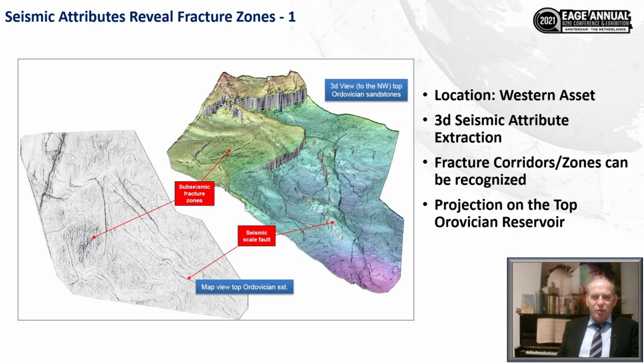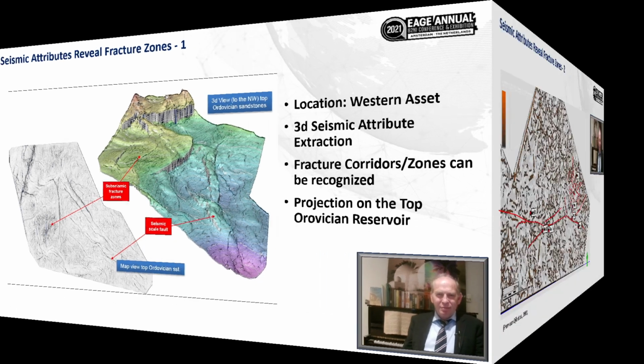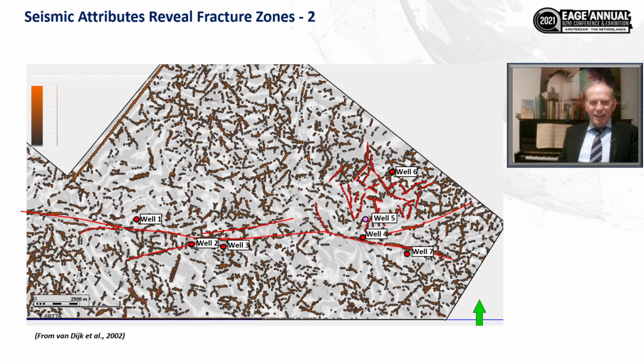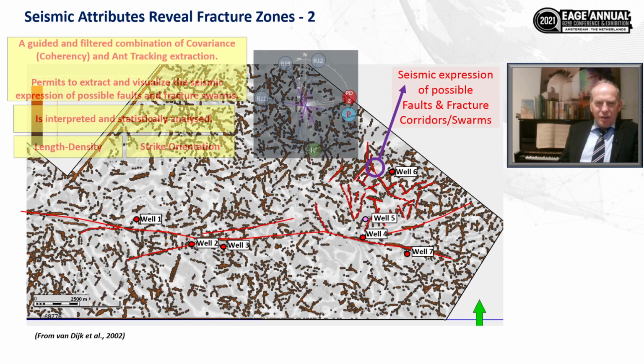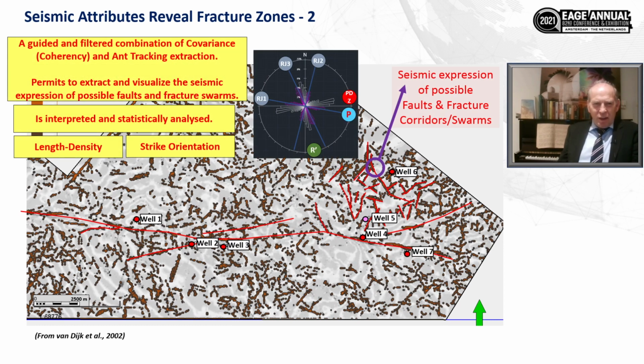Here an example of the recognition of the fracture corridors and fracture zones on the seismic and the projection on the top of the reservoir. Well, these fracture zones can clearly be mapped in the seismic, and we can distinguish the sets and analyze the statistics of the length-density relationships and the orientation.